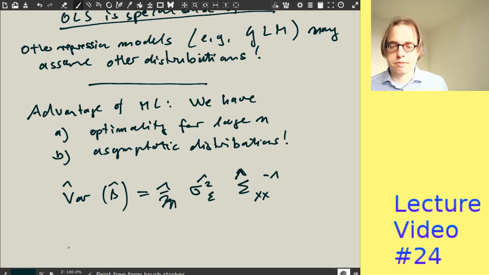There's a similar expression for the variance of the intercept.